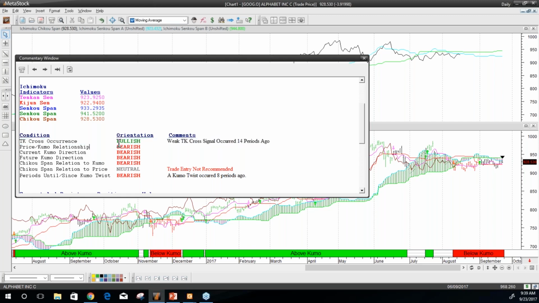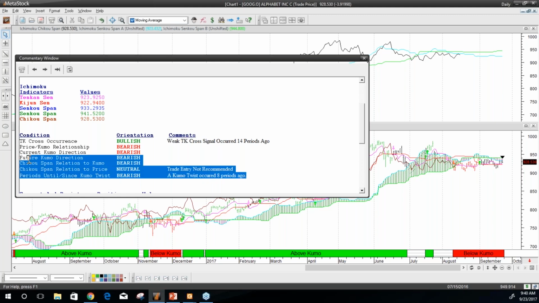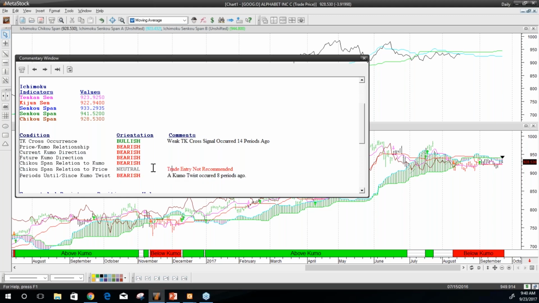We don't really have a clear signal, and it's very quick to tell you that signal doesn't really exist. While you might have these aspects that are bearish, this right here is bearish, this right here is bullish, and those are our two main signals, and they're opposing each other. What we're really looking for is for these two to always be in the same direction to get in, and then we want to confirm with these other pieces down here, unless we get something here that says the trade entry is not recommended.